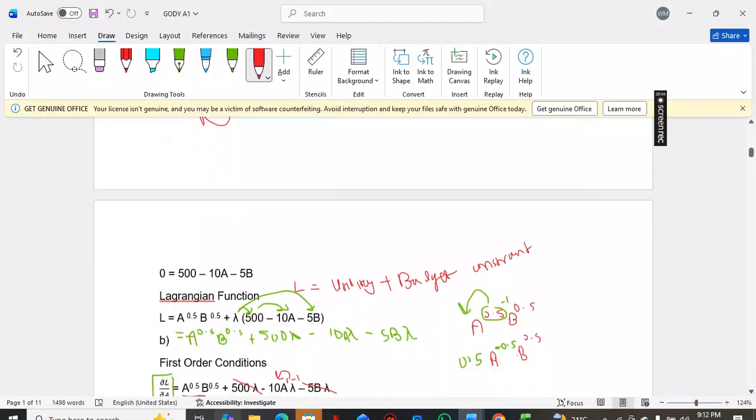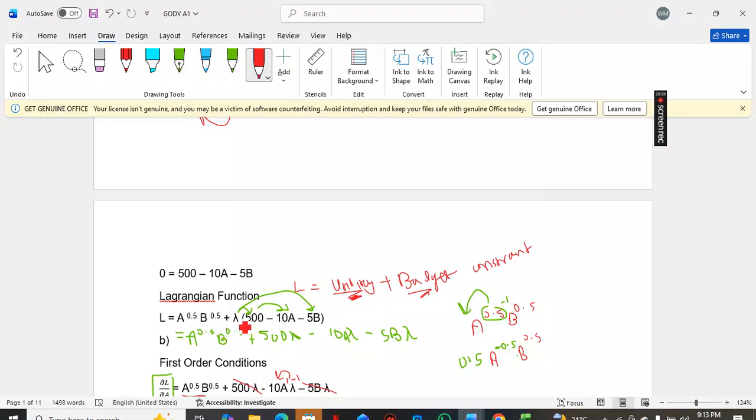Step 2, you set up the Lagrangian function. It's just a combination of the utility function and the budget constraint inclusive of lambda. Whatever utility function you have been given, you write it down, plus lambda.